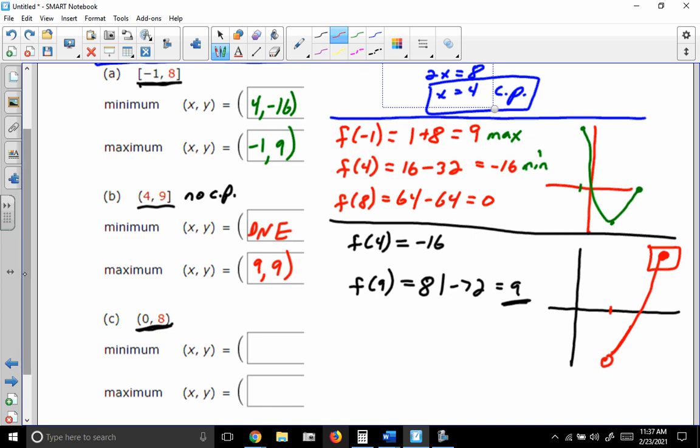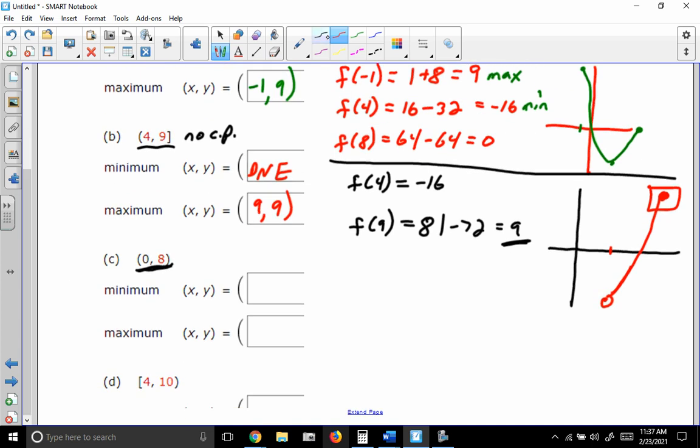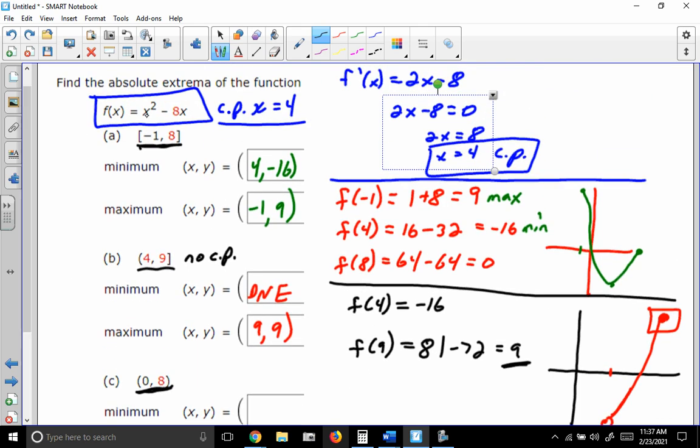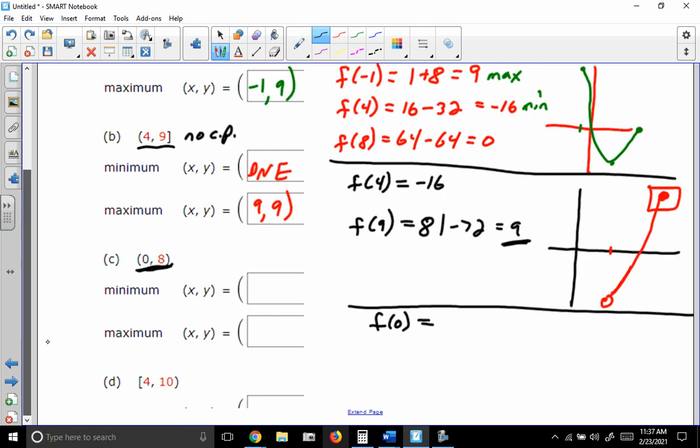All right, let's look at (0, 8). So even though 0 and 8 are not included, let's go ahead and find f of 0. So 0 squared minus 8 times 0, that's just 0.